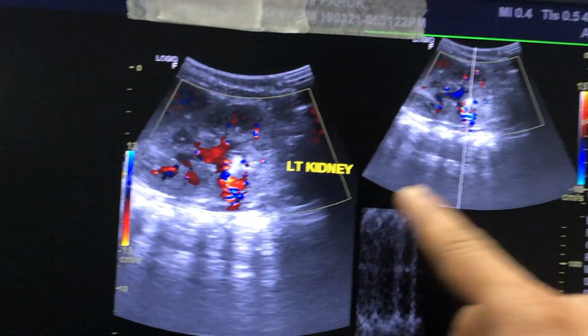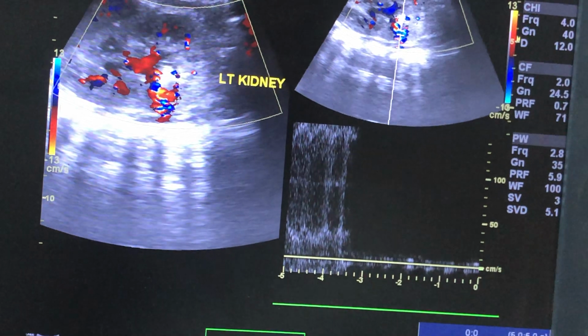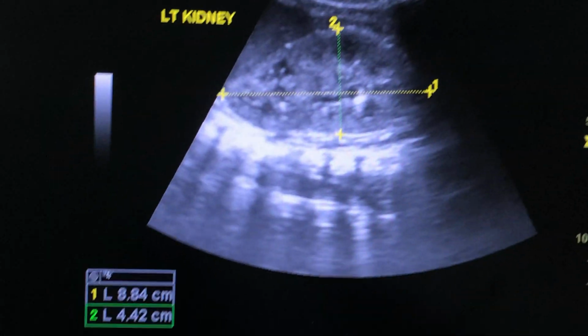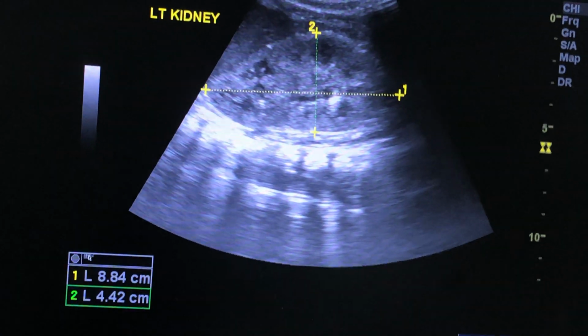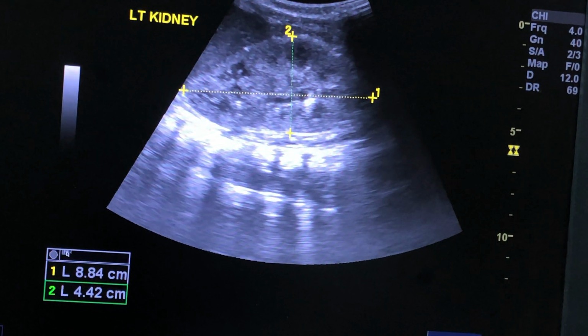This was the vascularity of the left kidney. This was the size of the left kidney, 8.8. It is quite enlarged in a 6 month old child.